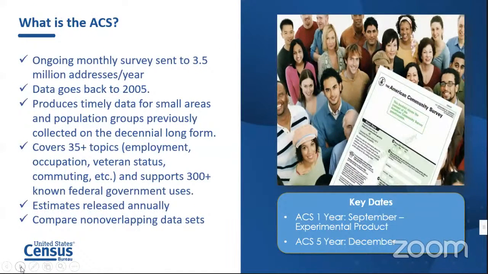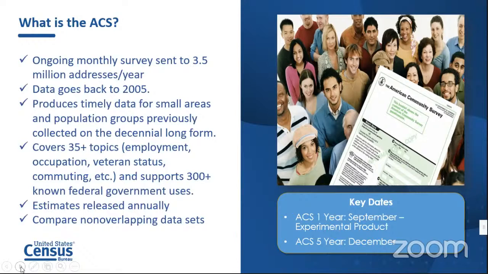So, what is the American Community Survey? For those of us that have been around for a while, if we remember back to 2000 and earlier, there were two forms used in the census. One was a short form, similar to the one we used this time around, which asked basically the 6 demographic questions and a couple of housing unit coverage questions.